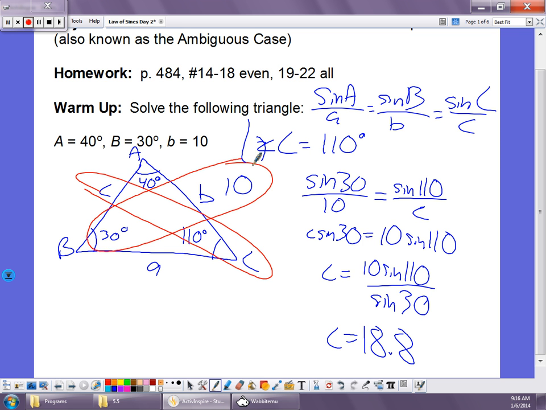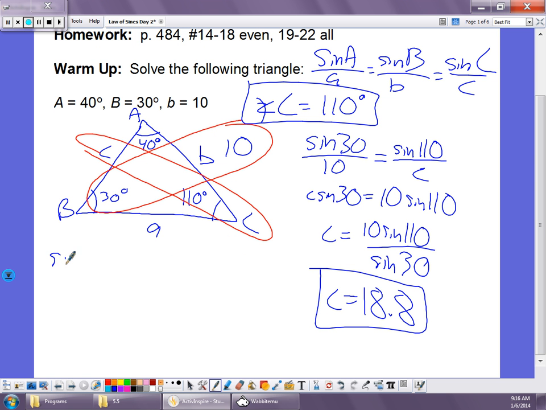So we've solved for angle C, we've solved for side C, and then you would just do the same process to solve for side A. So you'd say sine 30 over 10 equals sine 40 over A. And then again, you would cross multiply and solve.